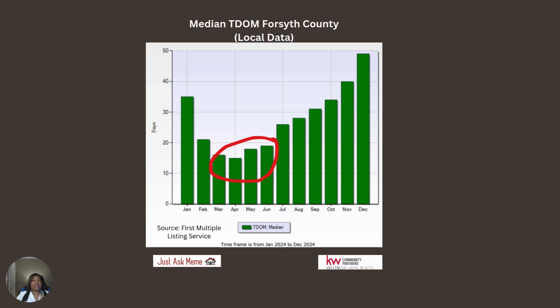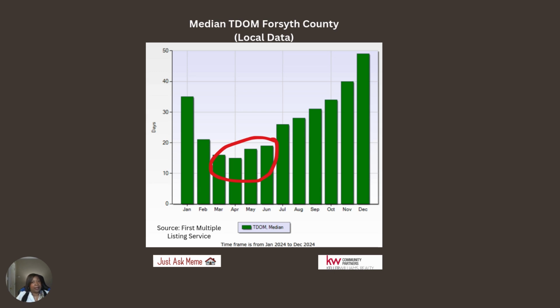So we're looking at Forsyth County in this first graph, and what we did was we went back to 2024 and did a whole look over the year so we could see how 2024's performance was month by month. What we can see as a good indicator is that the spring market that you hear about all the time was really a good performance in those lower days on the market for Forsyth County. So you can see all the way to December.